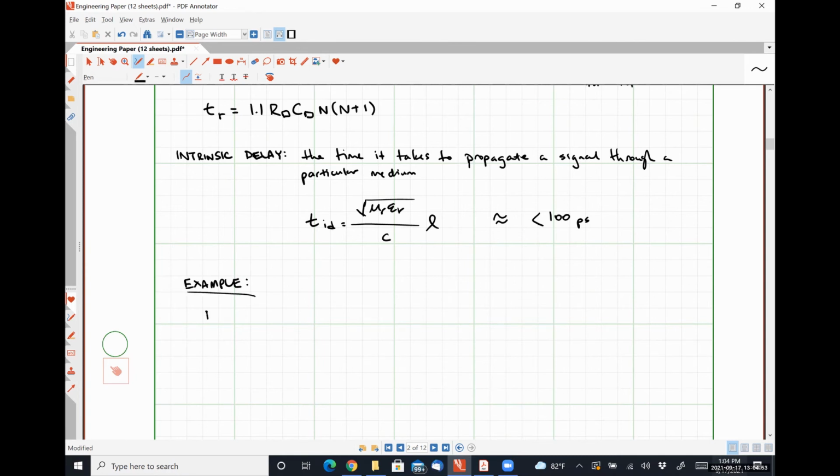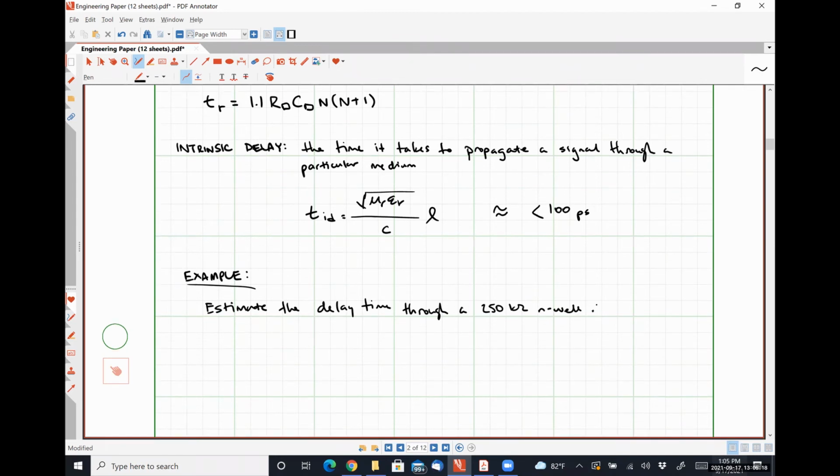We want to estimate the delay time through a 250 kiloohm N-well resistor with a length of 10 lambda and a width of 500 lambda.